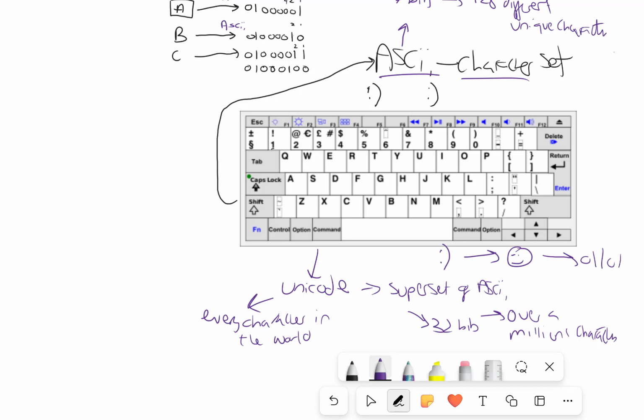So Unicode is a character set as well. So you've got two different ways characters are stored and represented inside a computer. When we mean stored, we mean stored on the hard drive, kept in the RAM, processed by the CPU, but also how they are displayed on your monitor.